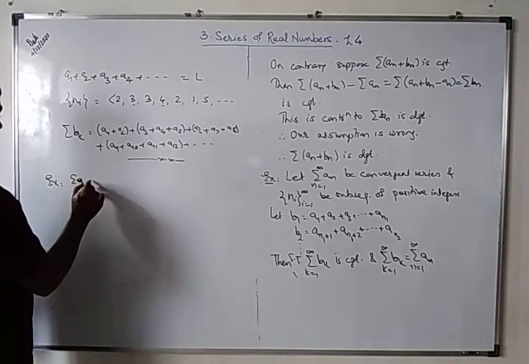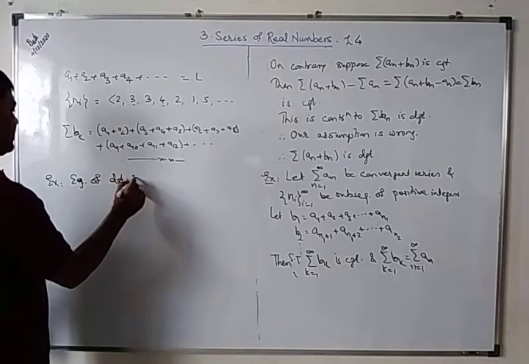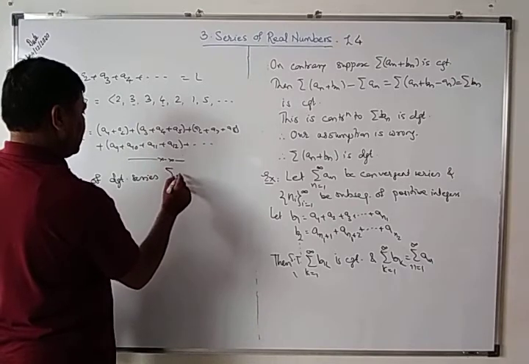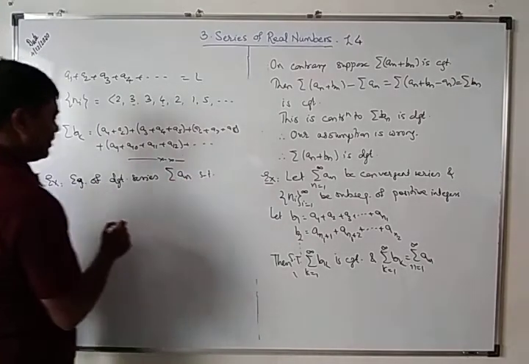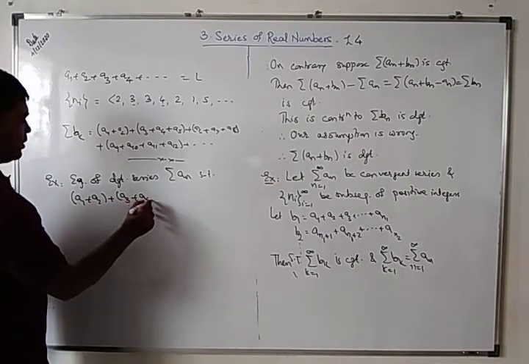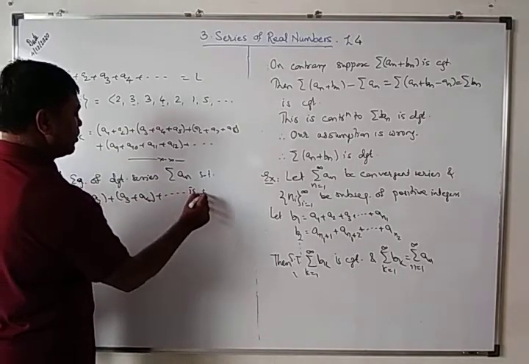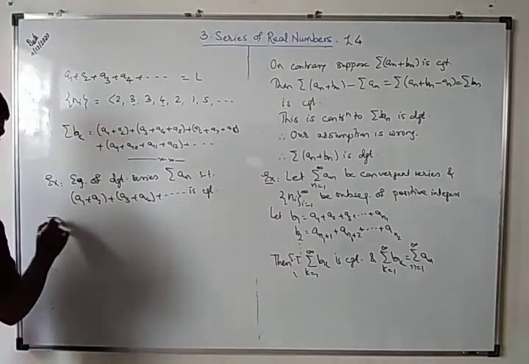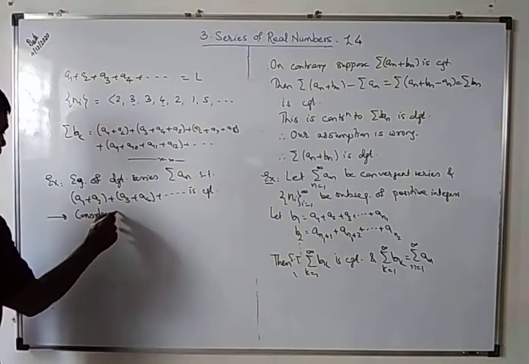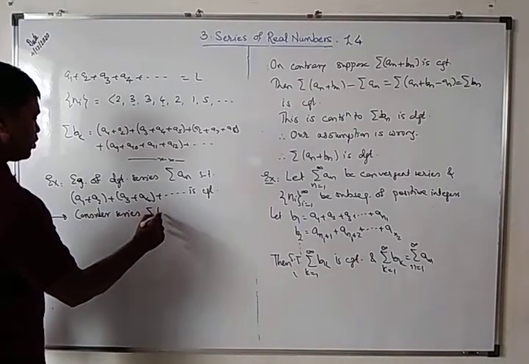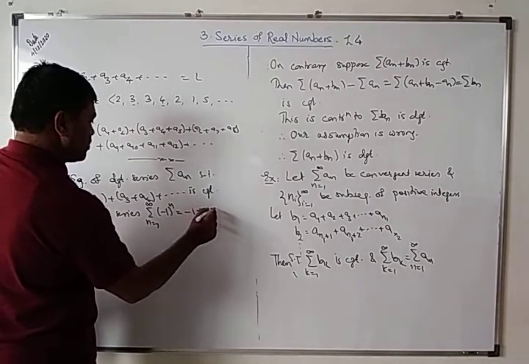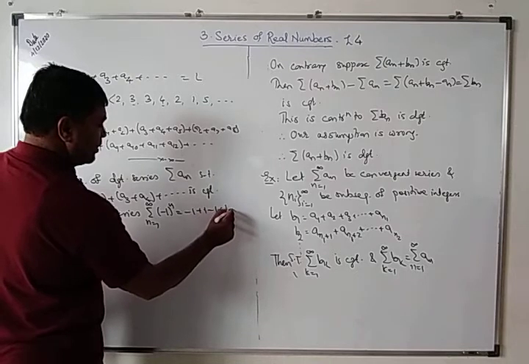Example of a divergent series: summation an such that a1 plus a2 plus a3 plus a4 plus dot dot etc. is convergent. Okay. So consider the series summation of minus 1 raised to n, n equal to 1 to infinity, which is equal to minus 1 plus 1 minus 1 plus 1 and so on.